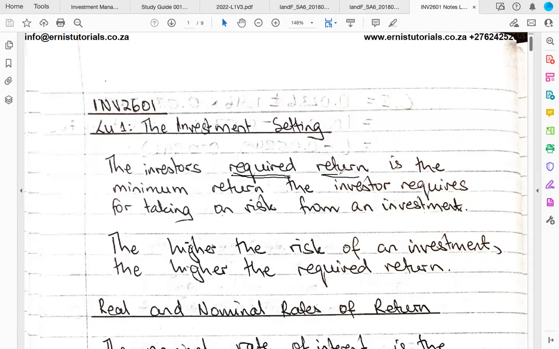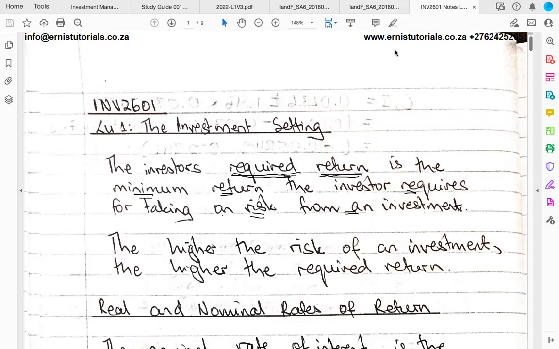When investors put money into any investment or they purchase anything for investment, they have what we call a required return. A simple definition of the required return: it's the minimum return that investors require for taking on the risk from an investment.